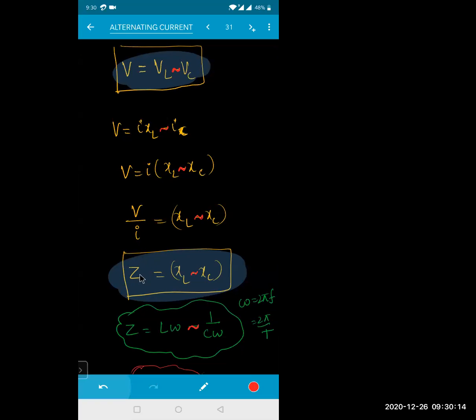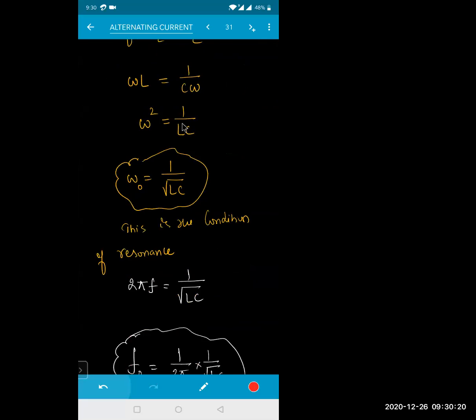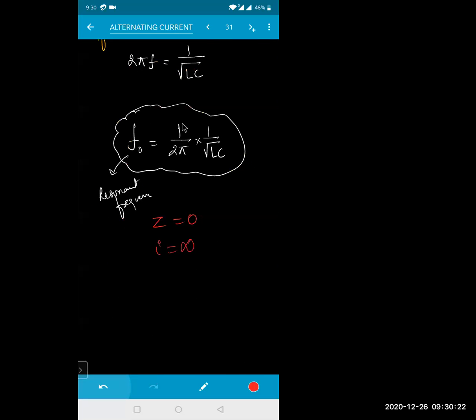V by I is nothing but Z. If this is the same, the impedance becomes zero, and the current becomes infinity.